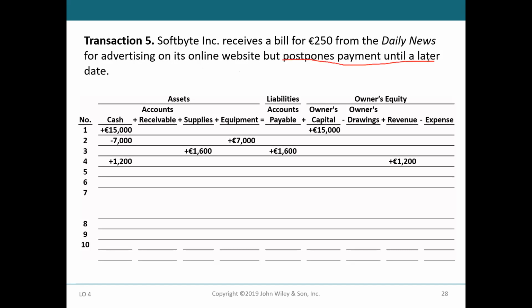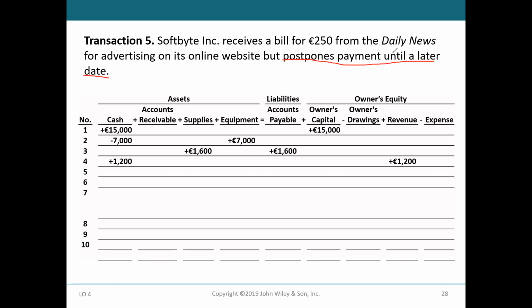It means the other company has performed the service for us and asked us to pay, but the company did not pay the money yet. It postpones the payment until a later day.